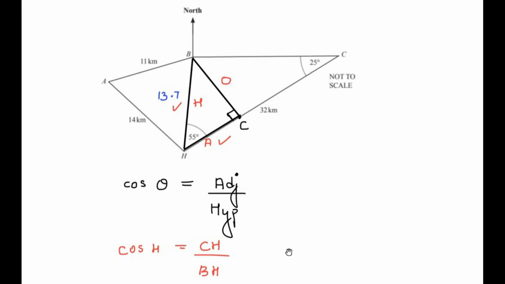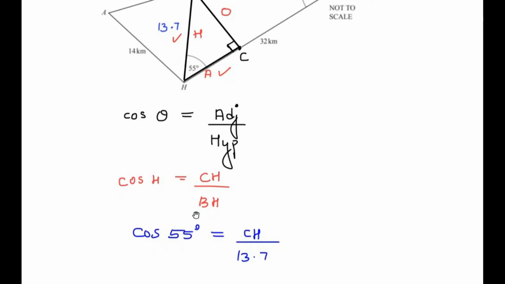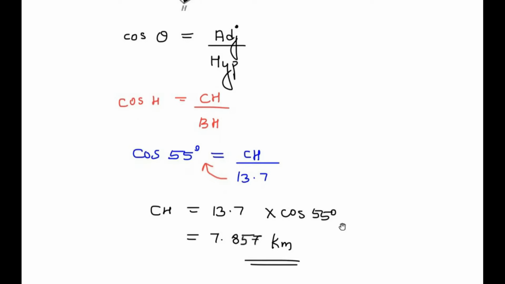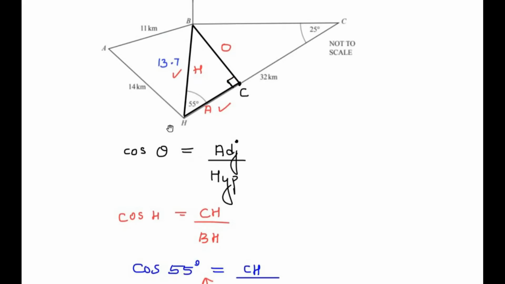Now substituting the respective values, we get cos 55, because H is 55 here, is equal to CH over BH, which is 13.7. Now let us take 13.7 on the other side of the equal to sign. So it multiplies with cos 55. So we have here CH is equal to 13.7 times cos 55, which will give us the value of CH as 7.857 kilometer. So we have found out the distance of the boat from the harbour.